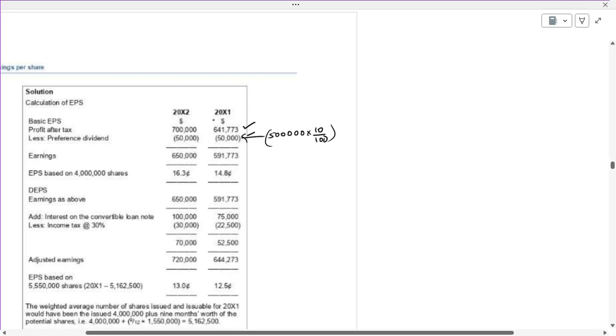You will have earnings, and now you will calculate the earnings per share. 650 divided by 4 million. And here also 650 divided by 4 million.